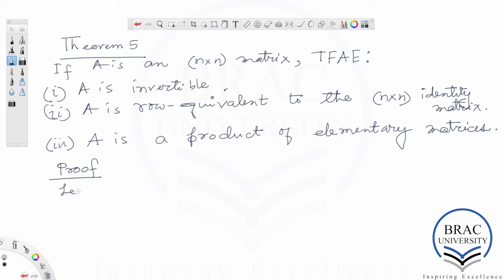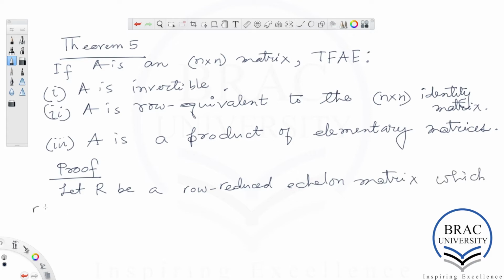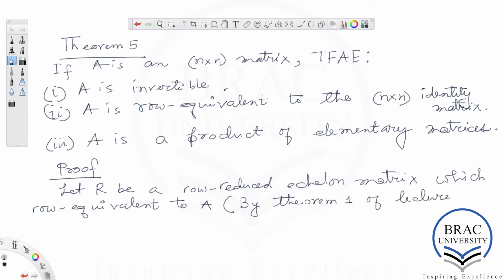So let R be a row reduced echelon matrix which is row equivalent to A. We can always find such a row reduced echelon matrix, guaranteed by theorem 1 of lecture 3.